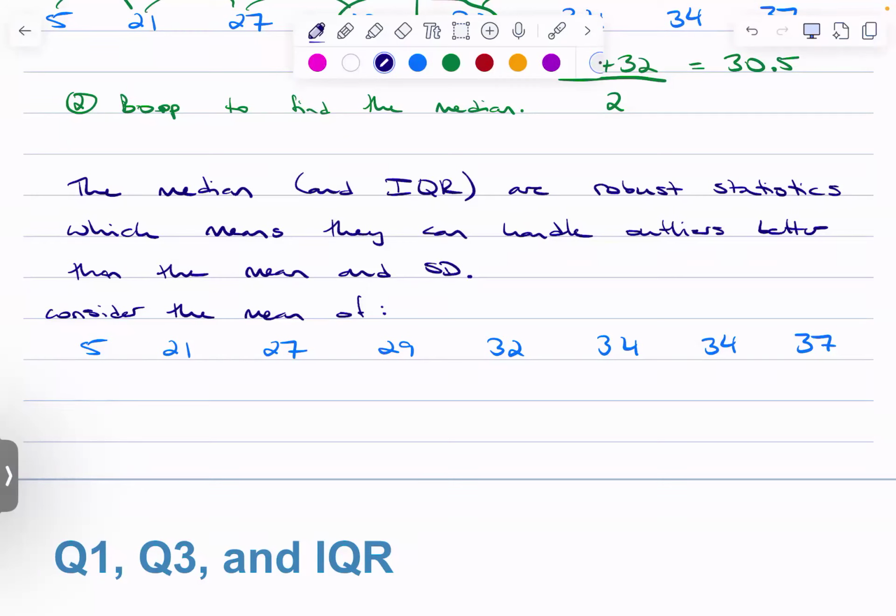So if we consider the mean of 5, 21, 27, 29, 32, 34, 34, 37, we can do that, right? Now, we're not going to. What happens if, instead of 37, I replace this with 370? That would blow up my mean, right? My sum in the numerator would be huge all of a sudden. I'm still dividing by the same number of values.